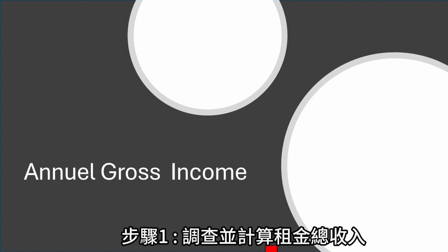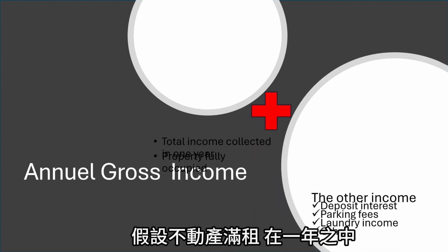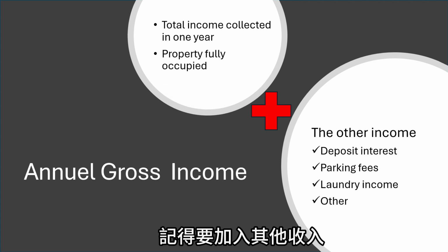Let me walk you through how to do it step by step. First, start with the annual gross income. It's simply the total income you collect in one year, assuming the property is fully occupied. Don't forget to include other income.